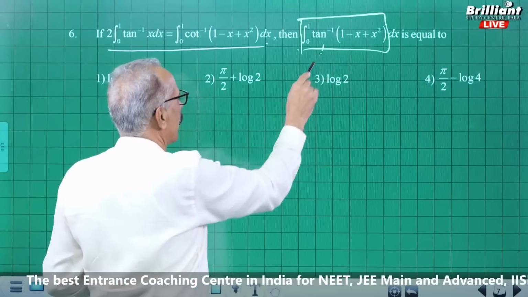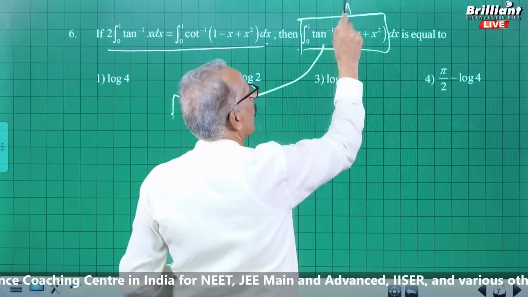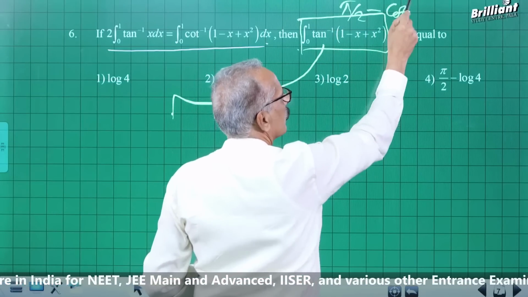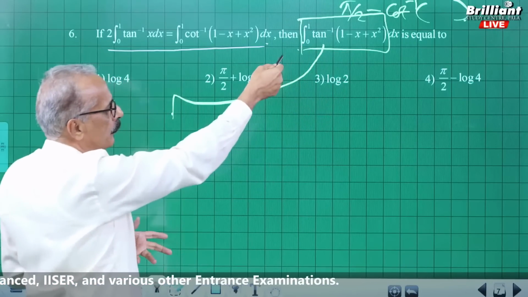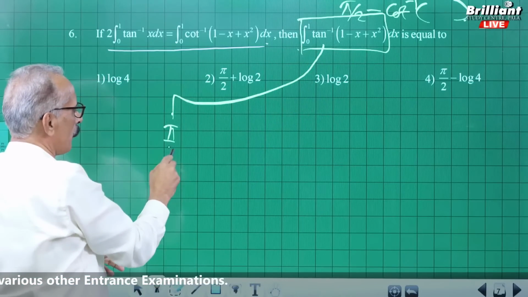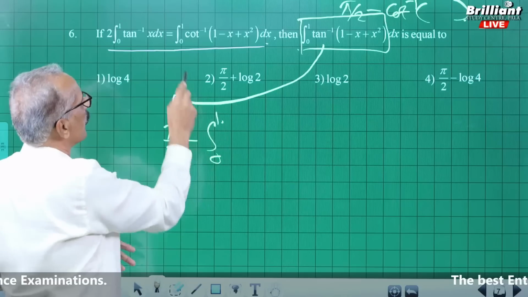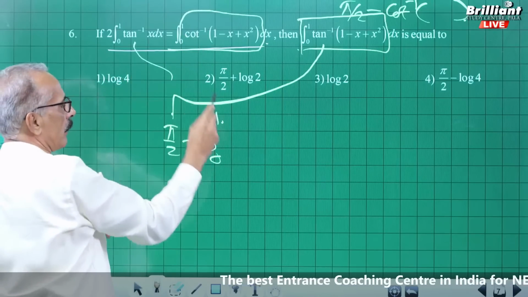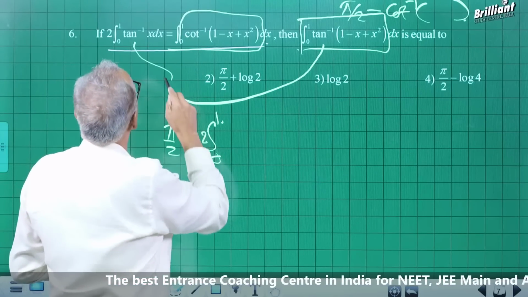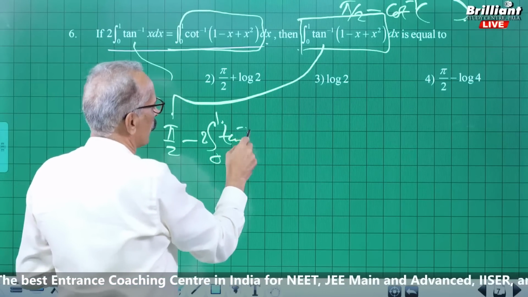So the moment I write this as pi by 2 minus cot inverse, as you all know, the integral 0 to 1 becomes pi by 2 minus integral 0 to 1 cot inverse. This cot inverse is given in the question as this part. That is, this will become 2 times integral of tan inverse x dx.